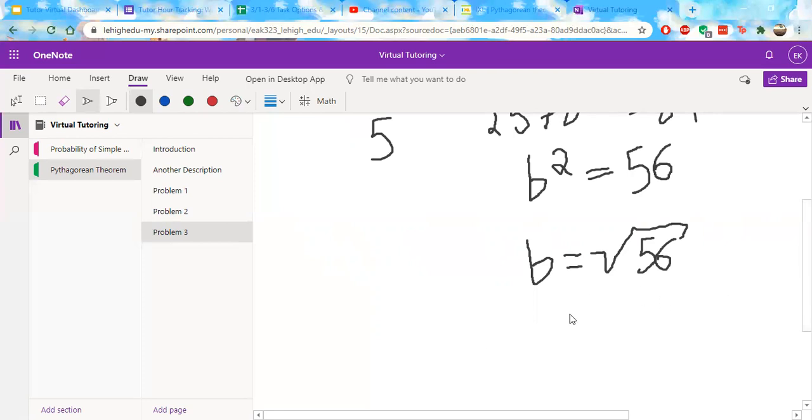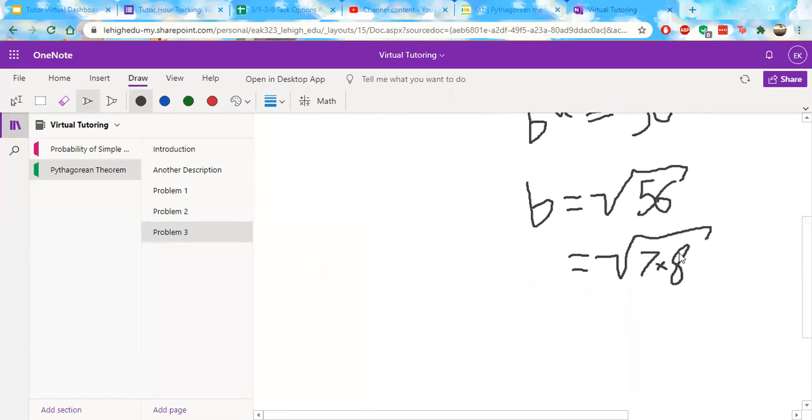All right, so that's actually the same as square root of 7 times 8. All right, and now, again, we still don't really see any numbers that are perfect squares, but we see 8. And 8 is always kind of a nice number to see in square roots because where there's an 8, there's always a 4.